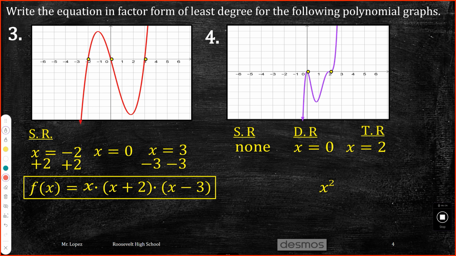So what are we going to do with the triple root? Put it in factor form first. We're going to subtract 2. It's going to become x minus 2 to the power of 3.